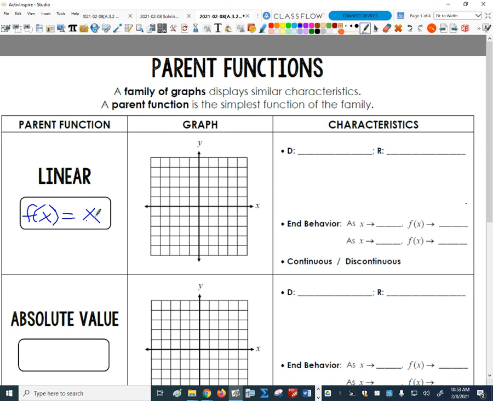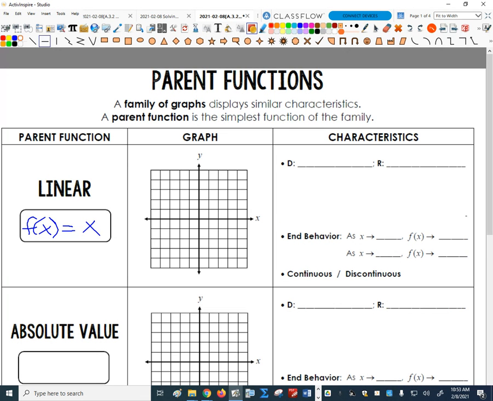There's a 1 in front of the x, and I'm adding 0 to it, so b is 0. So we know what this looks like. This is simply going to be a line with a slope of 1 and a y-intercept of 0. So it's just a line through the origin with a slope of 1. So that's what our parent graph looks like.